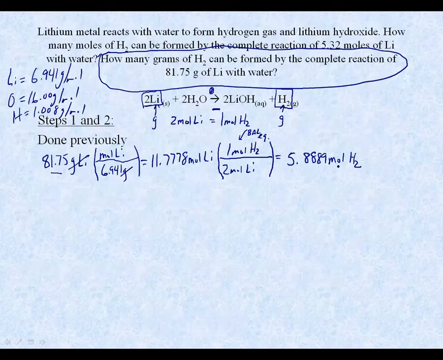That's the part that allows us to go from moles of one thing in the equation to moles of something else in the equation. And it really is just a conversion factor that allows us to do that. Any questions up until that point? I'm just going to rewrite that number down here. I missed an 8 there.